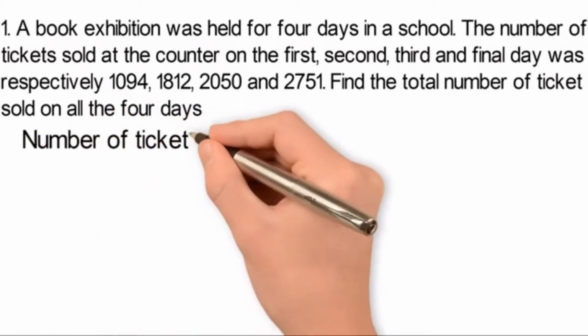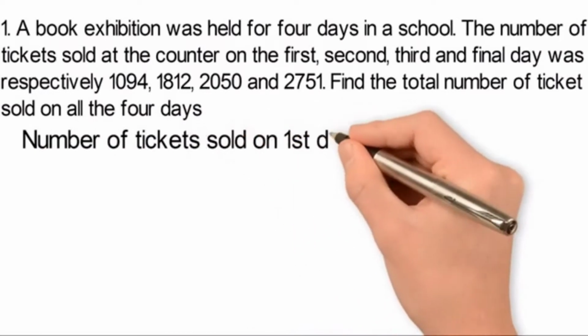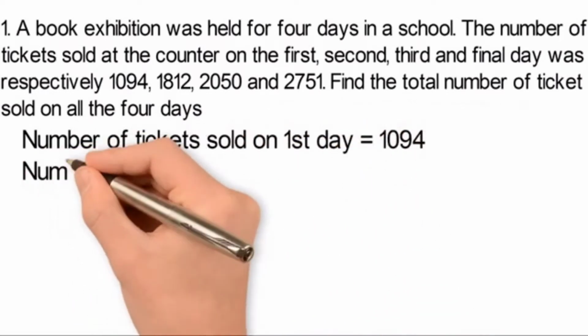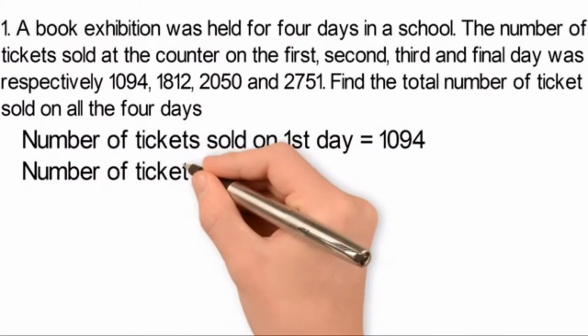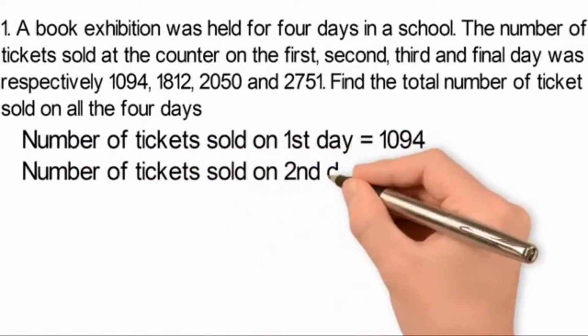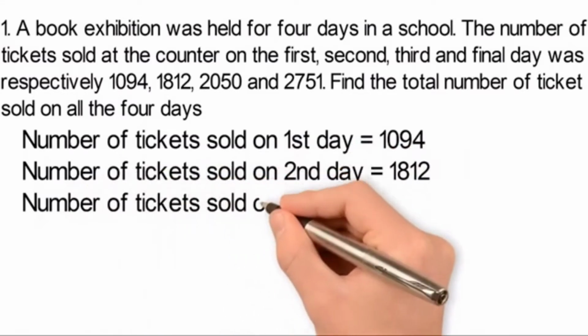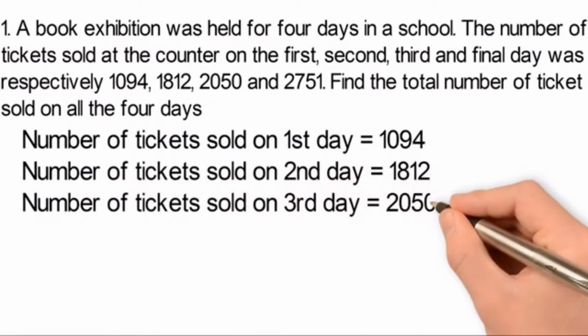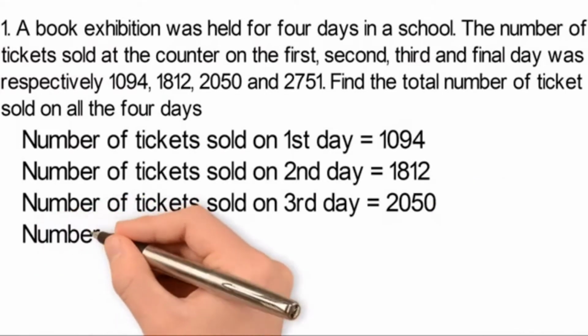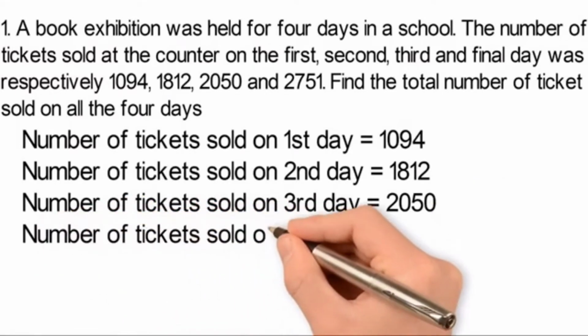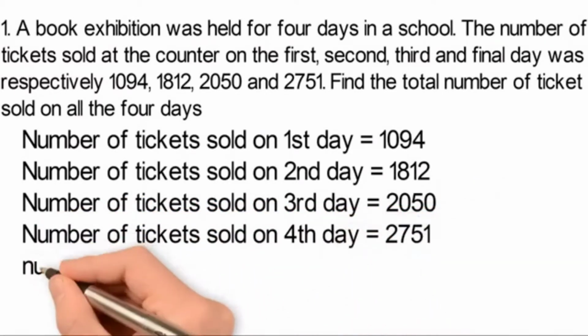Number of tickets sold on first day is equal to 1094. Number of tickets sold on second day, it is 1812. Similarly, tickets sold on third day, 2050. And number of tickets sold on fourth day, it is 2751.